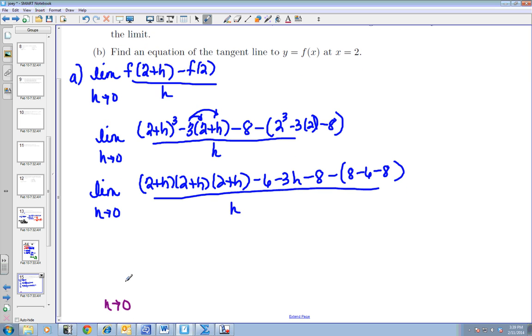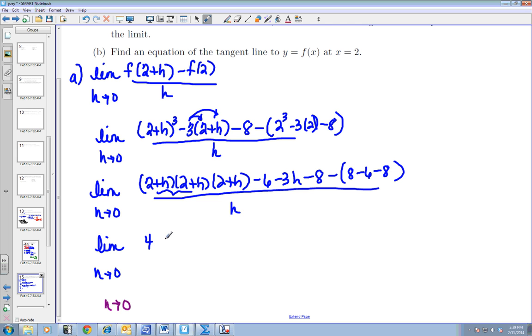Okay, so now I have the limit as h approaches 0. I have to FOIL this out. Okay, so when I FOIL all of this out, I'm going to do this first 2.